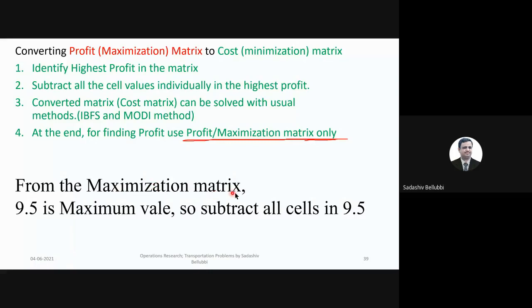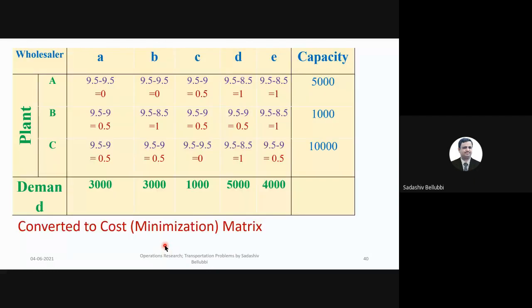From the maximization matrix, 9.5 is the maximum value. Actually, that was a typing mistake. So 9.5 is the maximum value, so subtract all the cells from 9.5. This is the way we need to write it. Once we get all the answers, which I have written in brown color, this will be the cost matrix now.